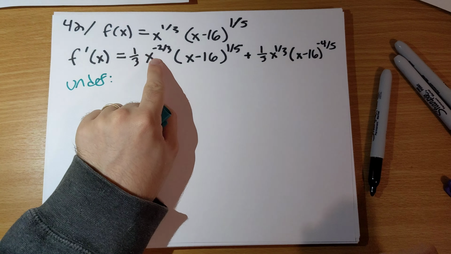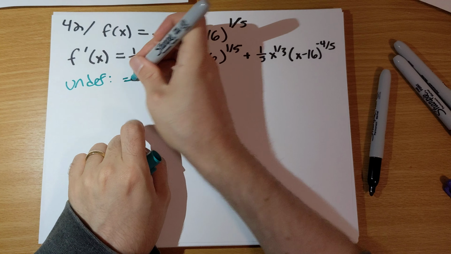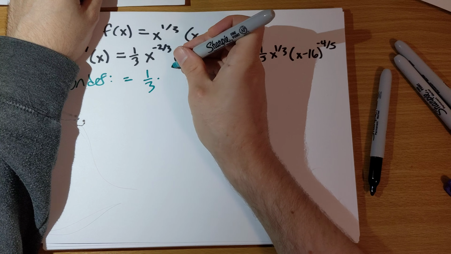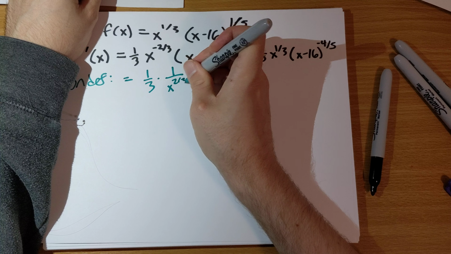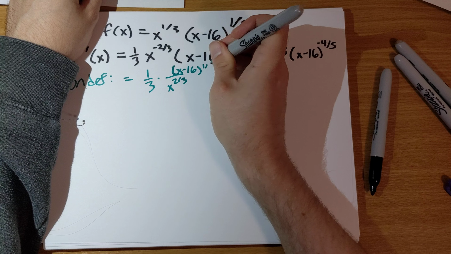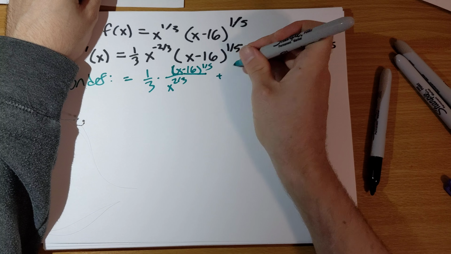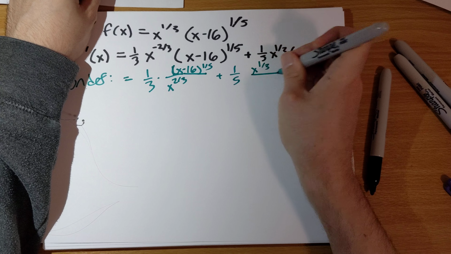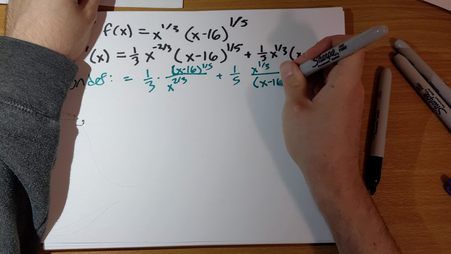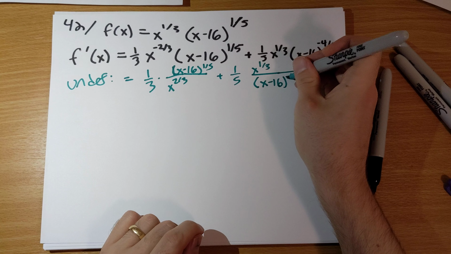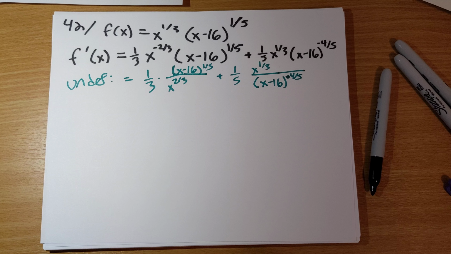I'm just going to rewrite it in a little bit more user-friendly form. 1/3 times 1 over x to the 2/3, and (x minus 16) to the 1/5 upstairs, plus 1/5 times x to the 1/3 over (x minus 16) to the negative 4/5. Oops, that should just be a positive 4/5 there because it's in the denominator.